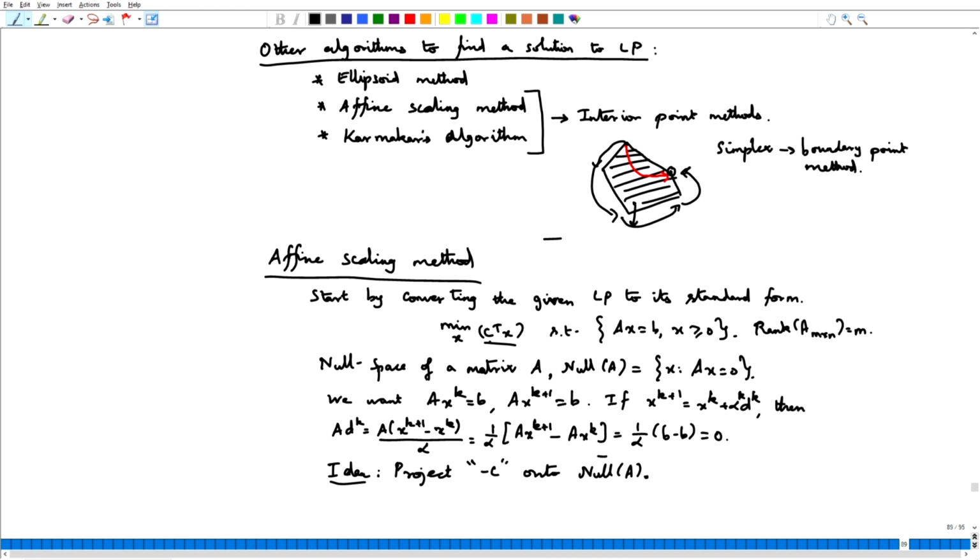But how do we project? In case you have learnt projection in linear algebra, this should be very straightforward, but even those who have learnt linear algebra are sometimes not very well versed with projections. So, let me spend about 5 minutes discussing the projection of minus c onto the null space of A. In fact, I will derive that mathematically.